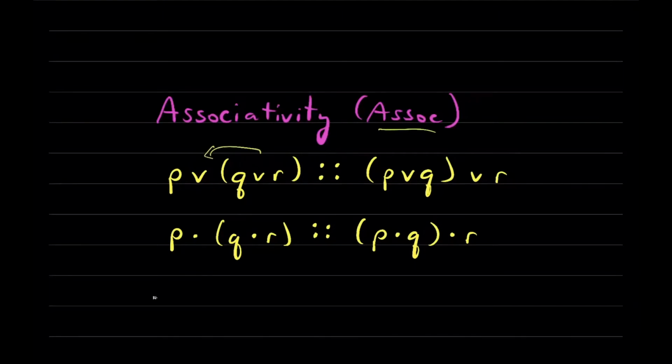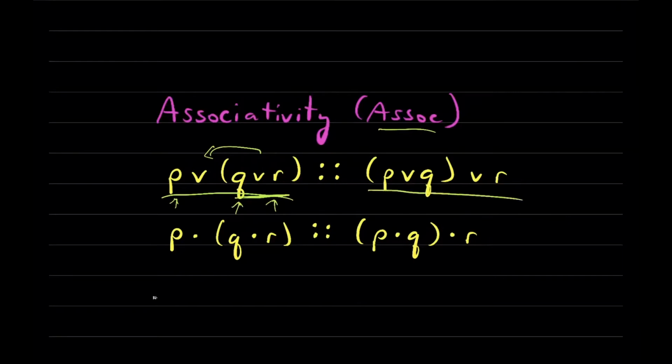And the reason this works is that if you look at this first statement on the left, P or Q or R, in order for that statement to be true, one of the two disjuncts has to be true. P would have to be true, or this expression in parentheses would have to be true. But in order for that expression in parentheses to be true, either Q has to be true or R would have to be true. In other words, in order for this statement to be true, at least one of those three disjuncts, P or Q or R, would have to be true.